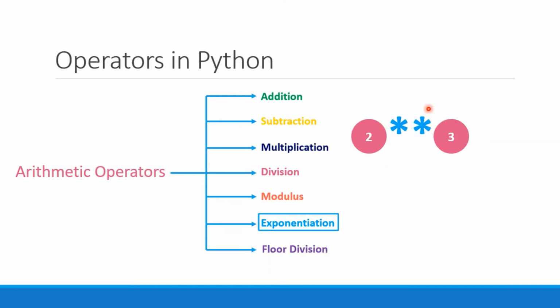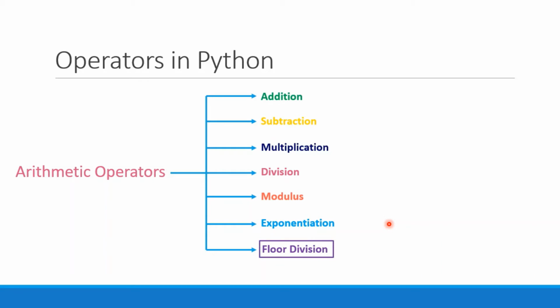This double star will tell Python to take the power. Here the meaning of this statement will be 2 raised to the power 3. What should be the answer? Its answer should be 8. It will multiply, it will take the power of 2 as 3. 2 is the value and 3 is its power. So whenever you have to perform this exponentiation operation, you use double star, and for multiplication we have used single star. Now move to floor division.